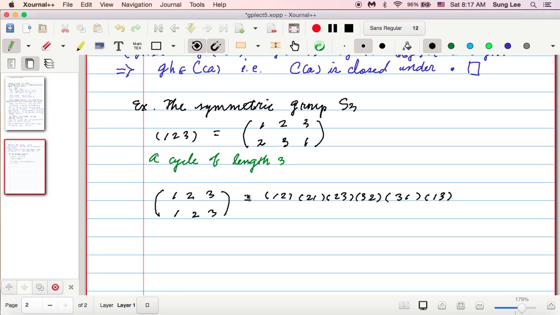Okay, so you can easily check that. What this means is, 1 goes to 2, 2 goes to 1, so 1 goes to 1, right? And 2 goes to 1, 1 goes to 2, so 2 goes to 2. And so, we got this one.